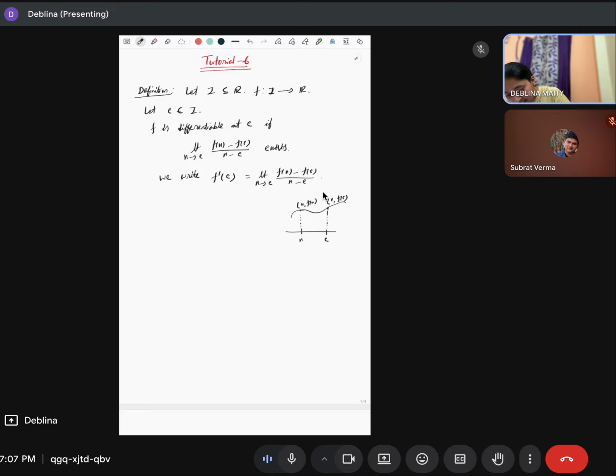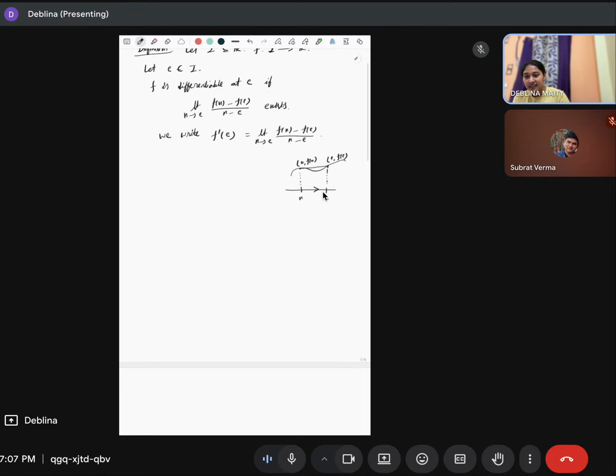The slope of the line segment joining these two points is (f(x) minus f(c)) by (x minus c). When x approaches c, this line segment becomes the tangent of the curve at the point c. This is the geometric representation of differentiation.